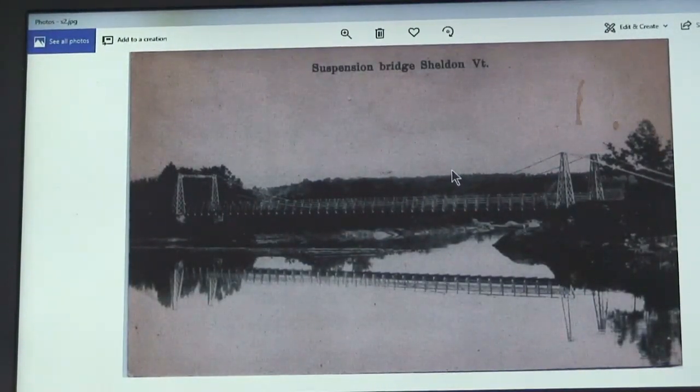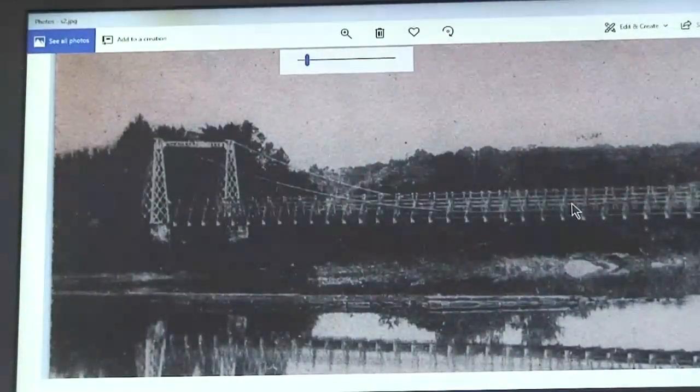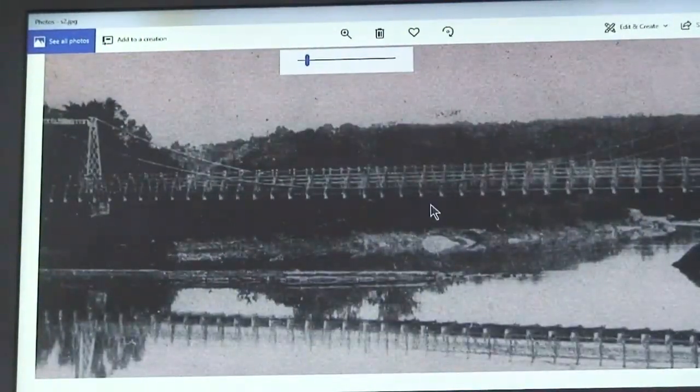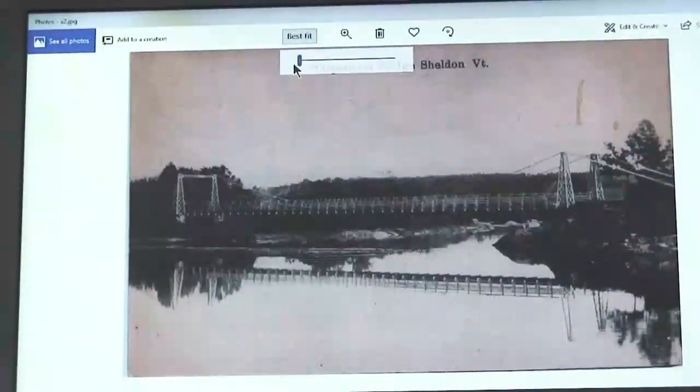Here is another picture of the suspension bridge. It was photographed a lot of times. Notice the 2 ends secured in the rock, suspension all the way across, the water down below. Here is the water going under and down into that chasm that would later be dammed up.